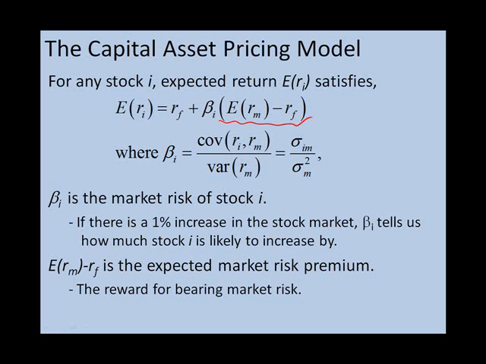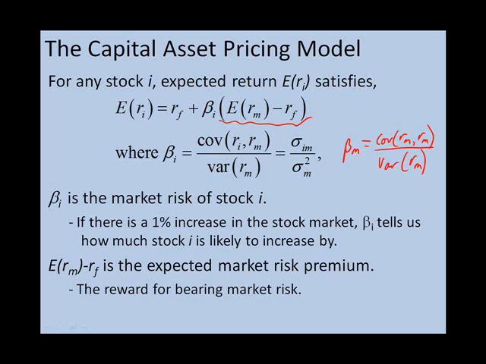Suppose you invest in the market. What's the beta going to be for the market portfolio? Let's think about our formula. Beta M is going to be equal to the covariance between Rm and Rm, divided by the variance of Rm.